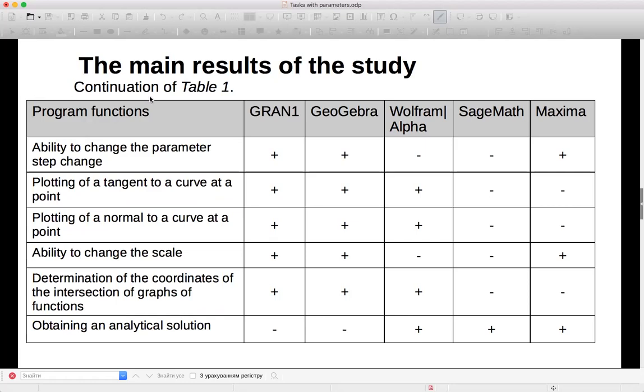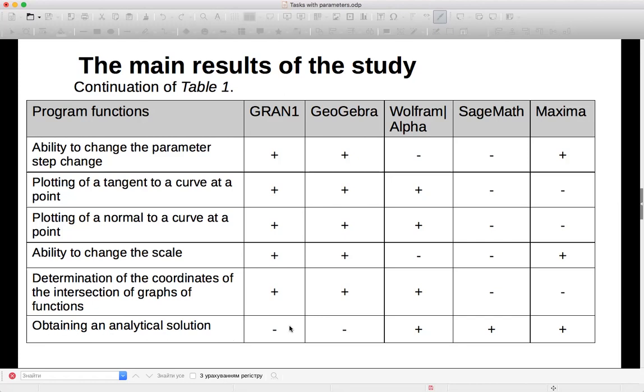Now, the next part of table 1. The functions of programs are: ability to change the parameter step change, plotting a tangent to a curve at a point, plotting of a normal to a curve at a point, ability to change the scale, determination of the coordinates of the intersection of graphs of functions, obtaining an analytical solution.